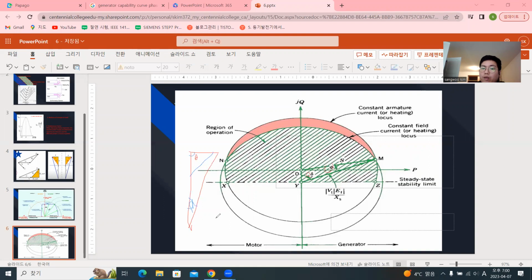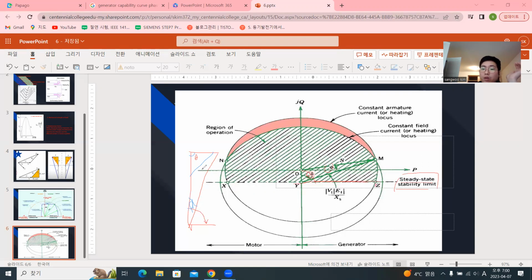Because of delta, we just change the position. Do you know what I mean? So we change the triangle's position. So this delta cannot go over 90 degrees, right? From here to here, right? Or if we add it like this, it cannot reach 90 degrees. That's why there's a steady state stability limit here. It cannot go over 90 degrees. You know what I mean?